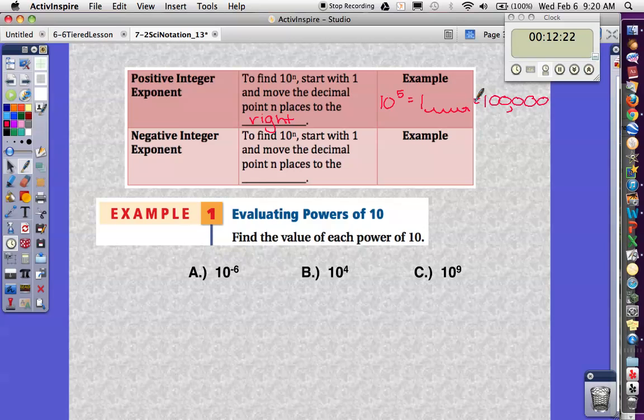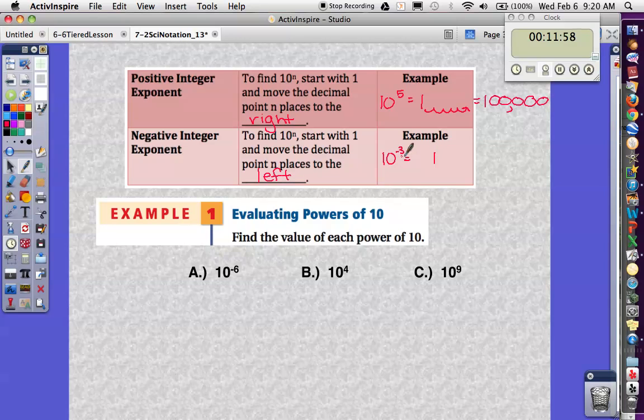Whereas if you have a negative exponent, it's the same as starting with 10 to the nth, but if n is negative, you start with 1, and you're going to move your decimal place this time n places to the left. So make yourself an example here. Maybe I have 10 to the negative 3rd. We could write that out as the fraction, and then we could simplify it down to the decimal. But if I just want the decimal right away, this is going to start with a 1.